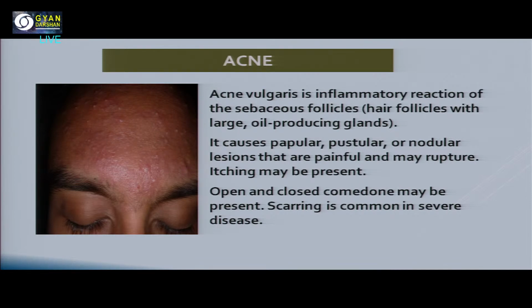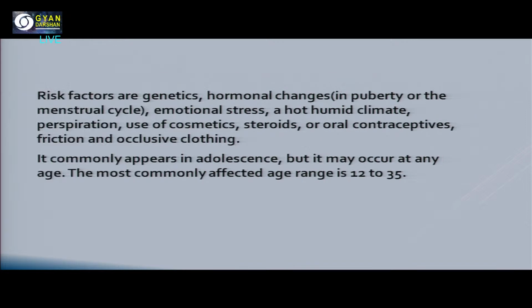It causes papules, pustules, and nodules, which are very painful. They can rupture also, and pus may come out. There are open and closed comedones. Comedone is the name given to the pustules having pus, and they can be open or closed. If they are scratched, scarring can also happen.